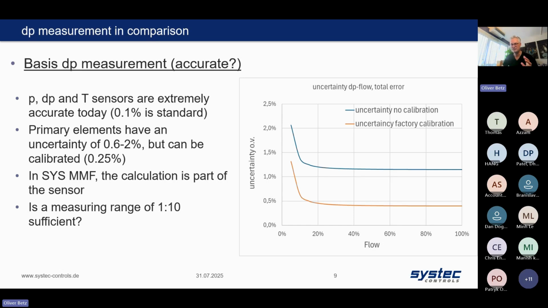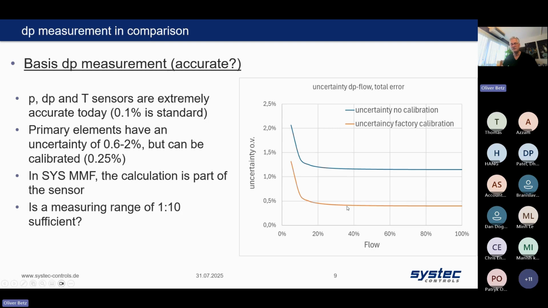This is with standard transmitters, no calibration. And if you need a higher accuracy, and if you put the complete flow meter on the test bed, then 1 to 10, you are well below 0.5%, which is for compressible fluids an excellent accuracy. So there's not too much flow meters for compressible fluids, which are better than that.